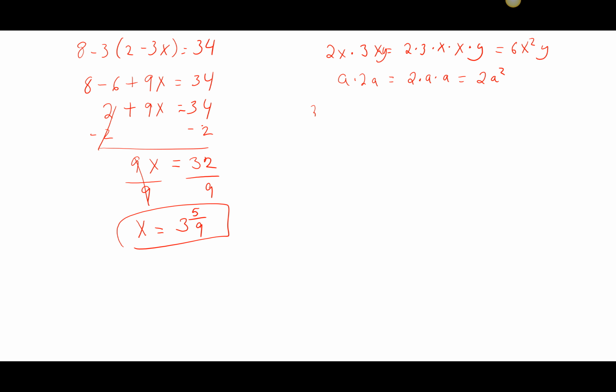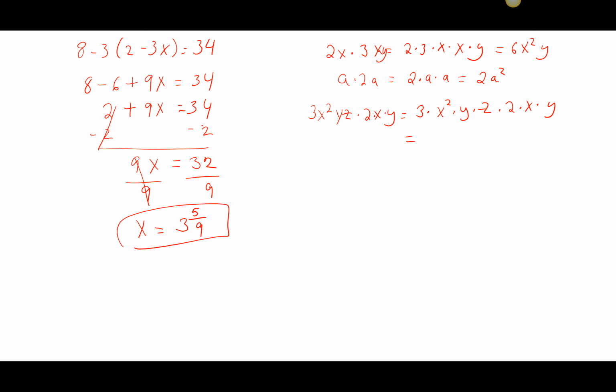Another example would be 3x squared yz times 2xy. That's going to be 3 times x squared times y times z times 2 times x times y. We're just multiplying each term.